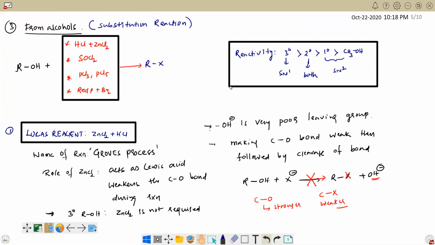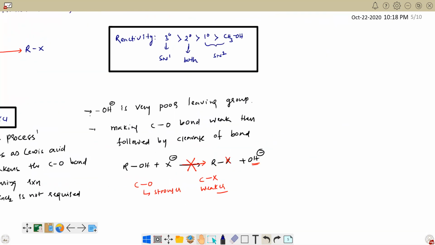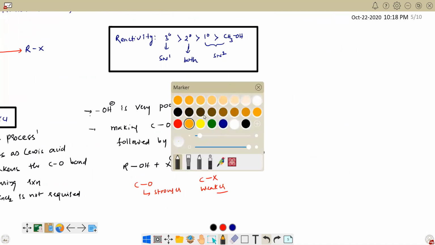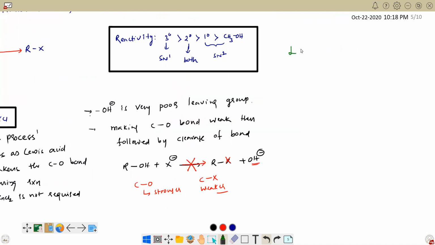Just write down near Lucas reagent: Lucas reagent is used to distinguish alcohols, among 1 degree, 2 degree, and 3 degree alcohols.